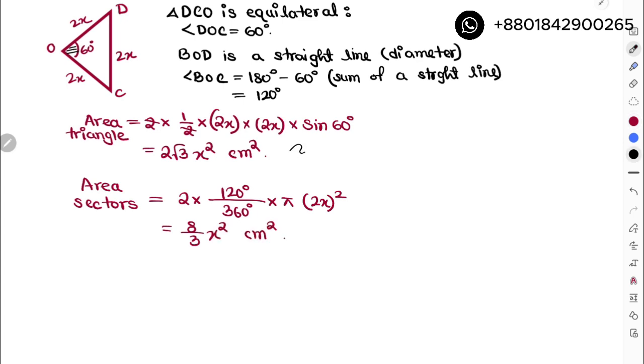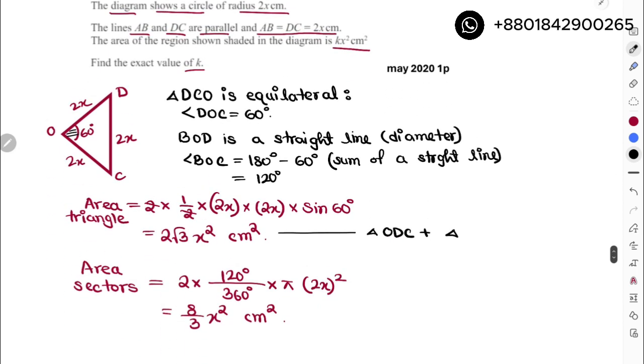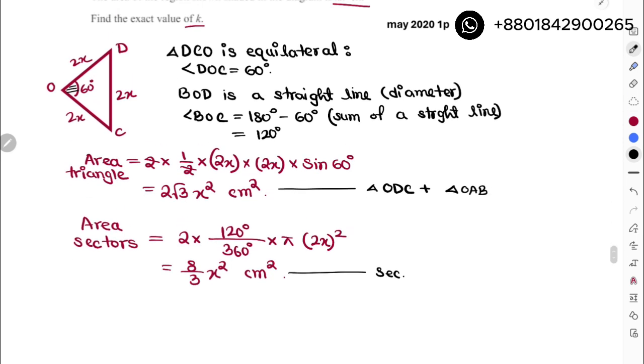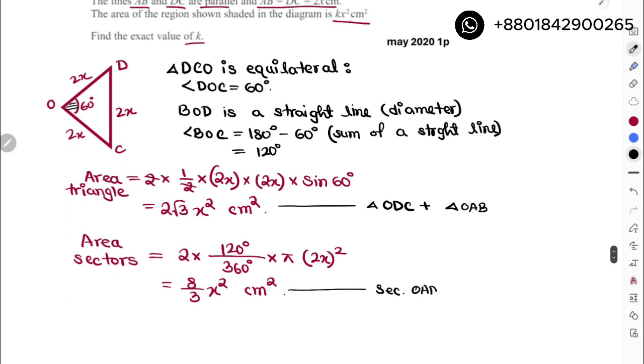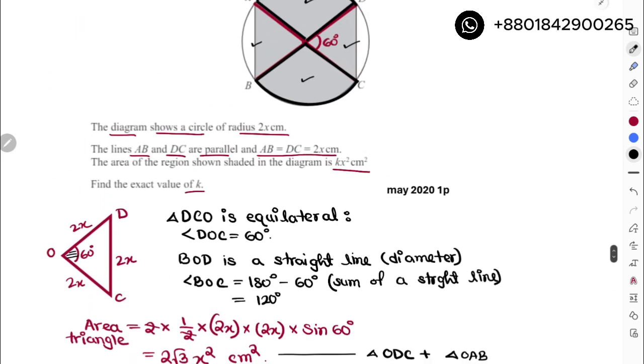Right, understand that this is the area for both the triangles ODC and triangle OAB, and this is the area for the sector OAD and for the sector OBC.